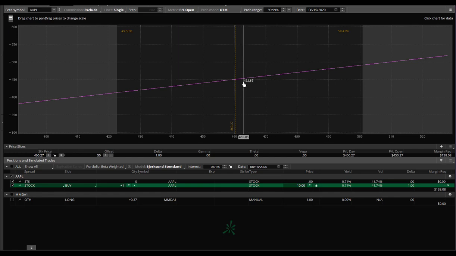This pink line is showing you what your profit or loss would be for each price along the way. So of course, I'm making it really simple by saying you bought 1 at $10.